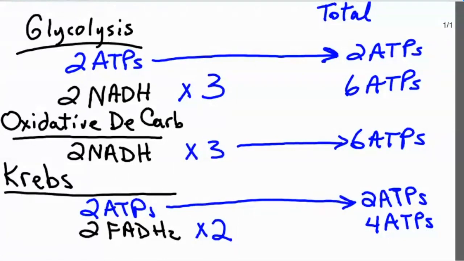But the Krebs is so special as the third step in the process. It makes a ton of NADH compared to everything else. How many did it make? 6. So don't you like all those numbers are 2 except for this? That makes it easy. Easier. Sorry, nothing easy about this. Easier. Each of those 6 can be converted into about how many ATPs?